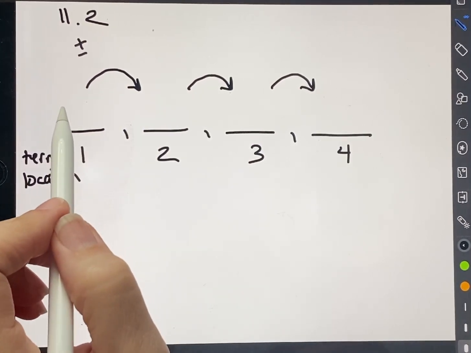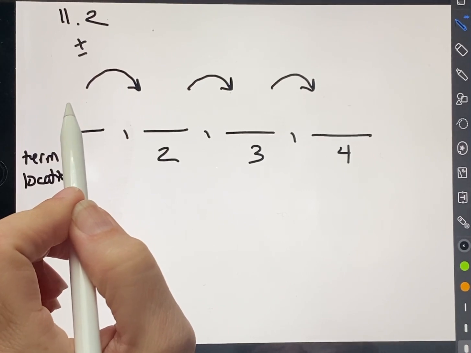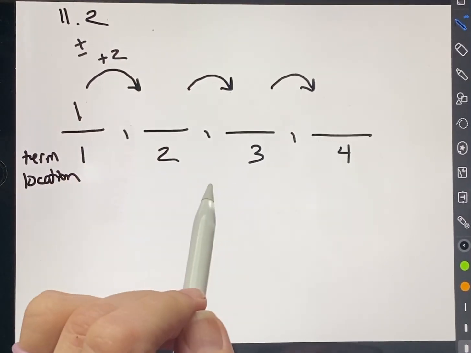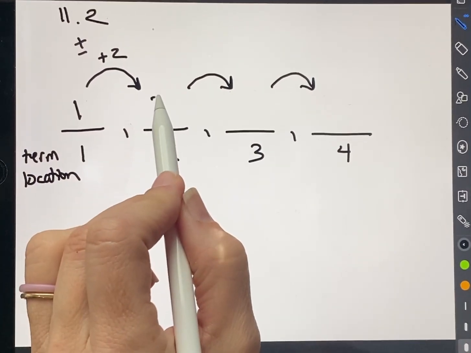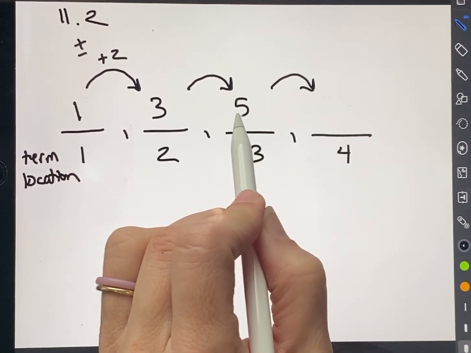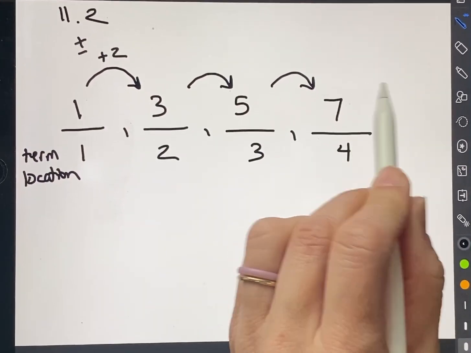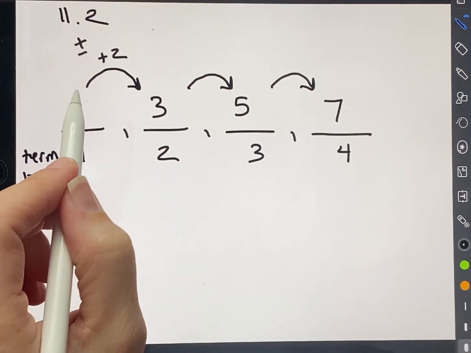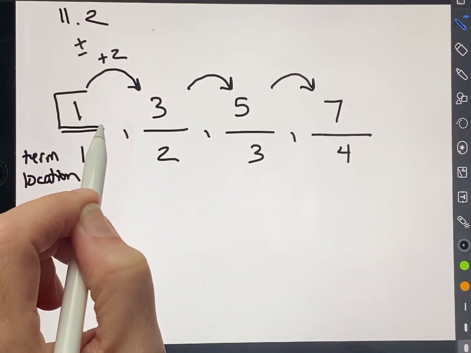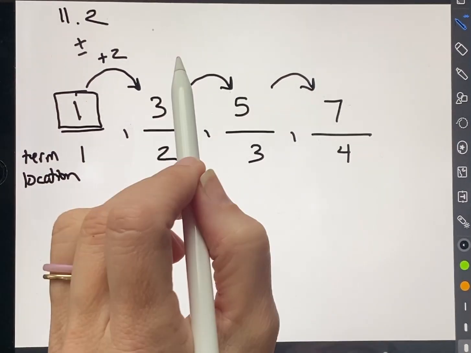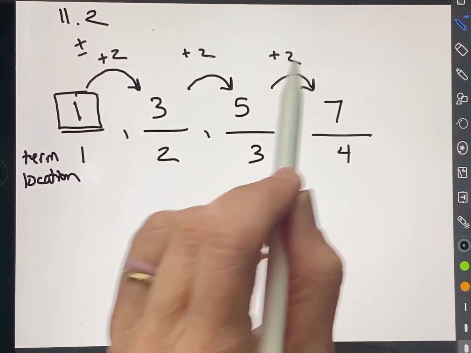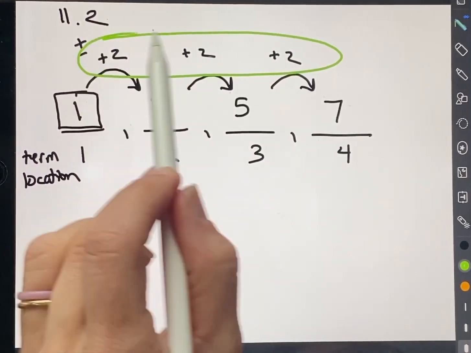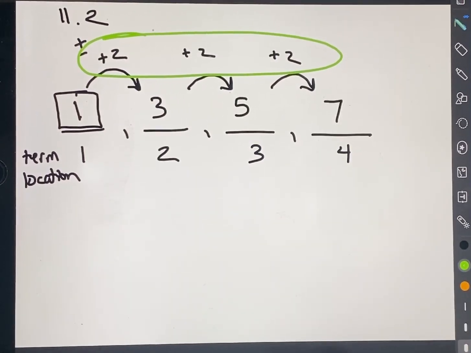Now, logically, what can we figure out? If I start at 1, say my number is 1, and I am going to add 2 each time. So I'm going to go to 3, then I'm going to go to 5 and 7, and on down the line. Would it be valid to say that to find any number, all I did was take where I started and add however many jumps I made?